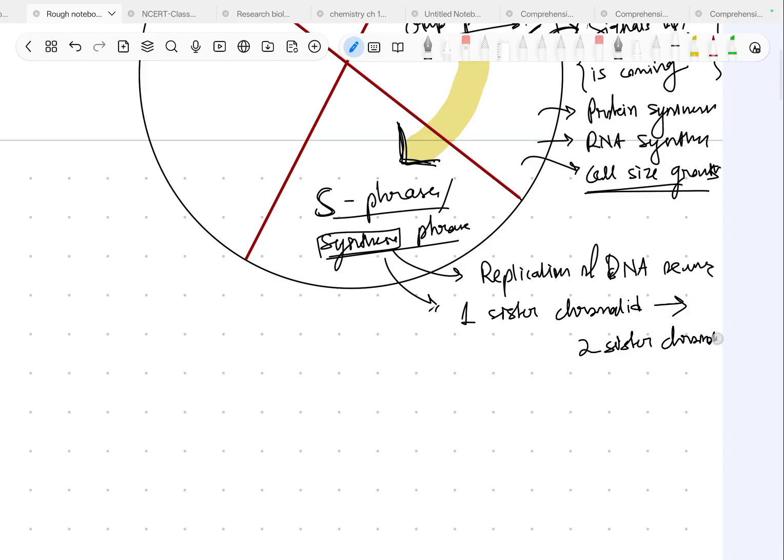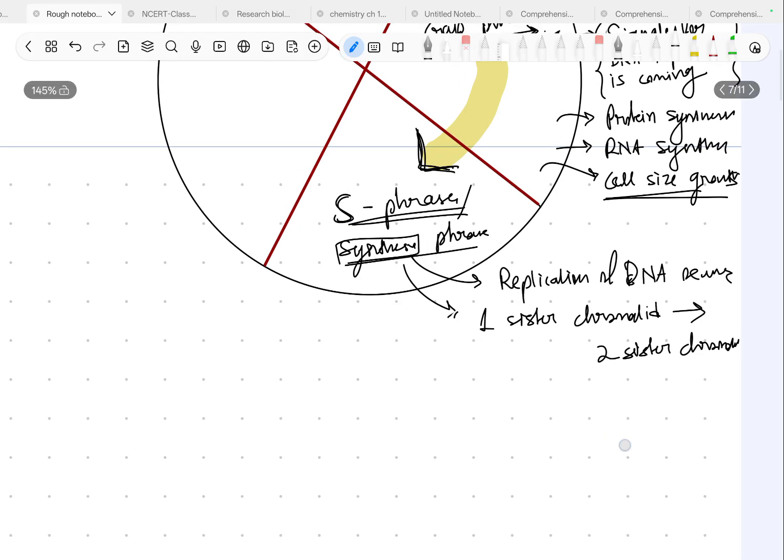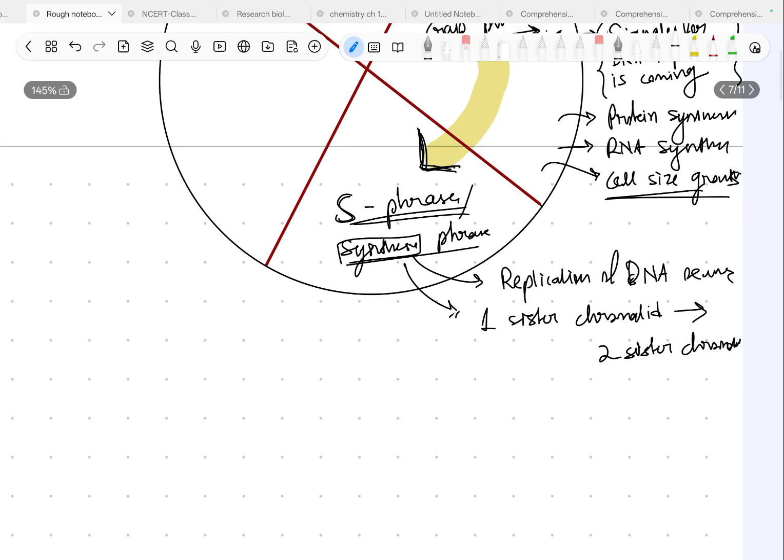So this is basically the S phase. And here proteins are also formed, synthesized, and RNA as well.